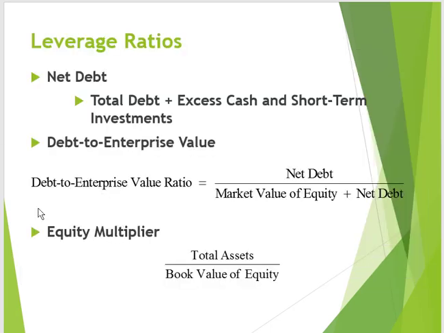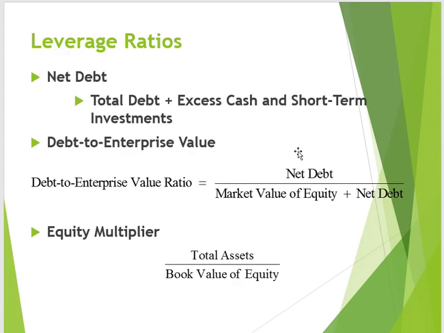So some other ratios that we might want to look at we have what's referred to as net debt to enterprise value, right? So you take net debt, which is the total debt of the company, plus any excess cash and short-term investments, and you divide that, that's net debt. Divide that by enterprise value, which is market value plus net debt. So again, what do we know from this?